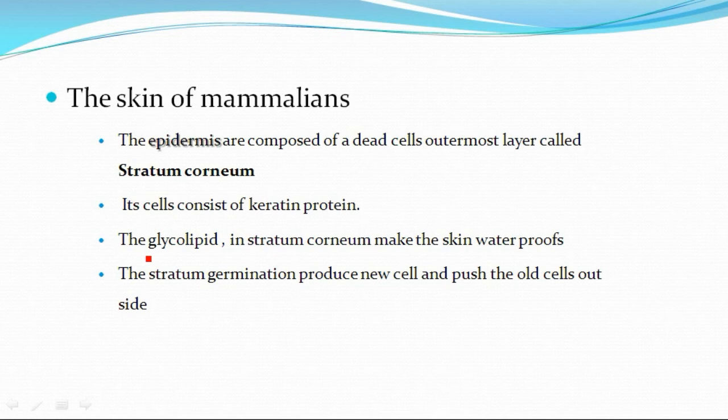The stratum germinativum produces new cells and pushes the older cells to the outer side. The stratum germinativum produces the cells, they go upward, and the older cells go out and are eliminated from the body.